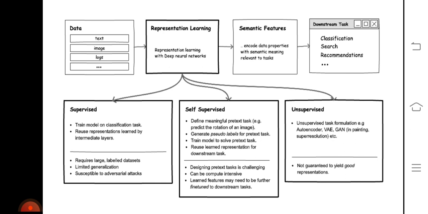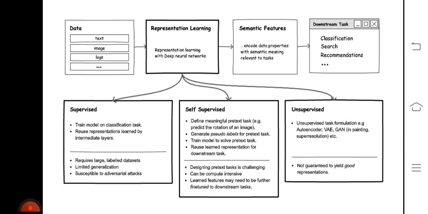These are the steps. Supervised means training a model on a classification task, reusing representations learned by intermediate layers, and it requires large labeled datasets. That is the main point. Then semantic features and downstream tasks: classification, search, recommendation. These are the works that are done.